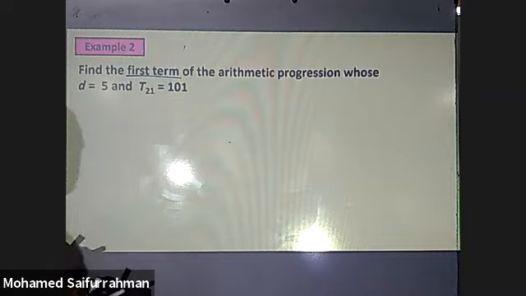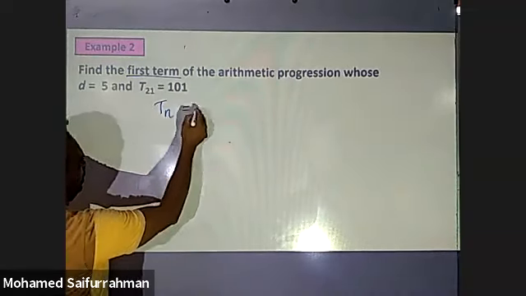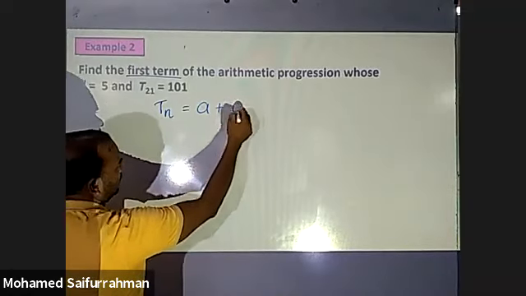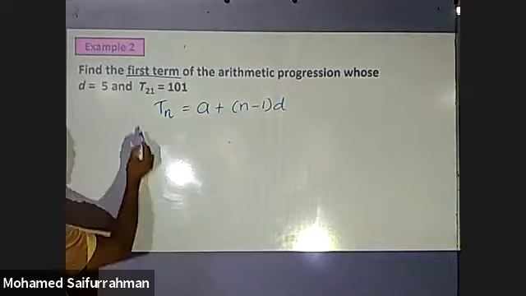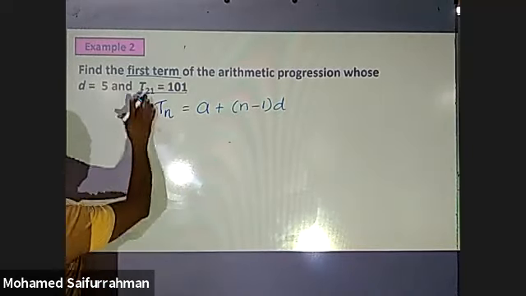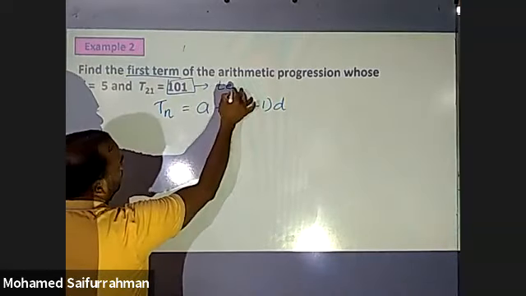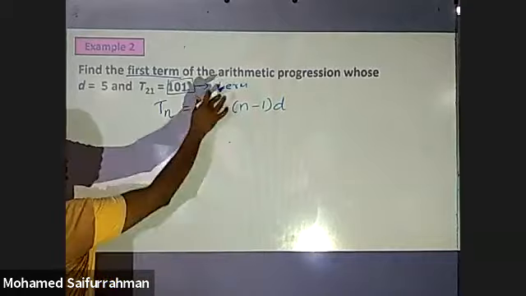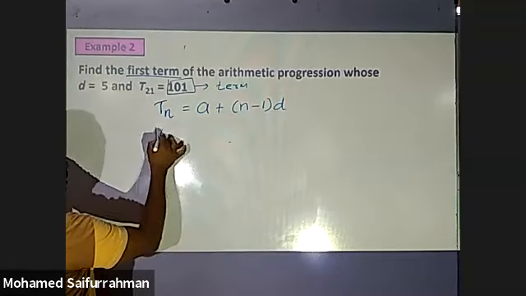Again, the equation is the same: Tn equals a plus n minus 1 times d. What is given here? T21 is 101. So 101 is a term, so it should come here: 101.